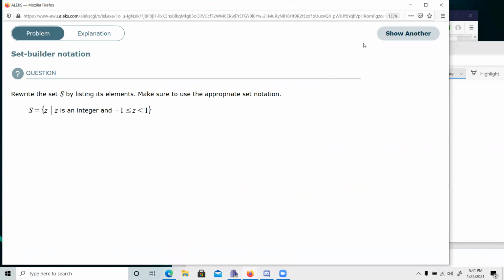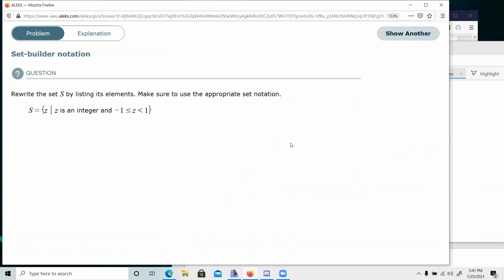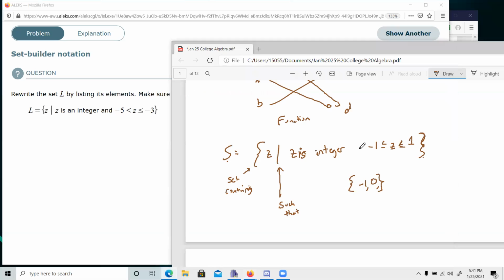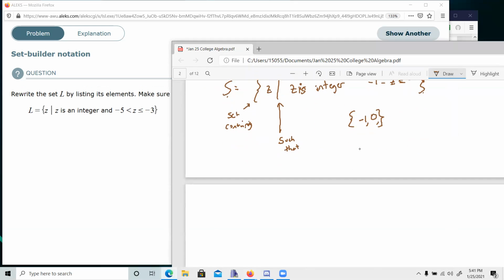All right, let's do another one. Let's see if they give us one that's harder. Wow, we have a gamut between A and A. Really? All right, let's come up with another one. Let's go with n such that n is a natural number.